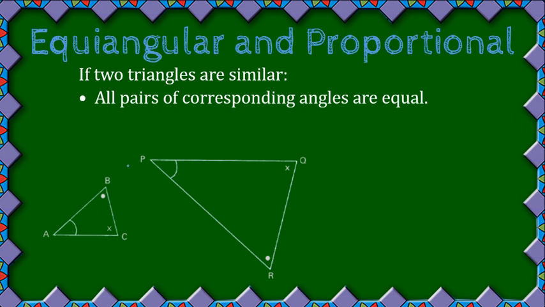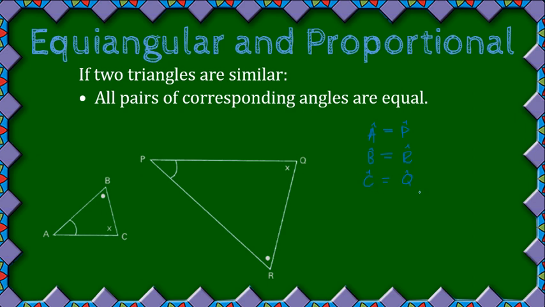If we look at these two triangles, we can see that angle A is equal to angle P, angle B is equal to angle R, and angle C is equal to angle Q. So that's the one thing we know about two triangles that are similar.